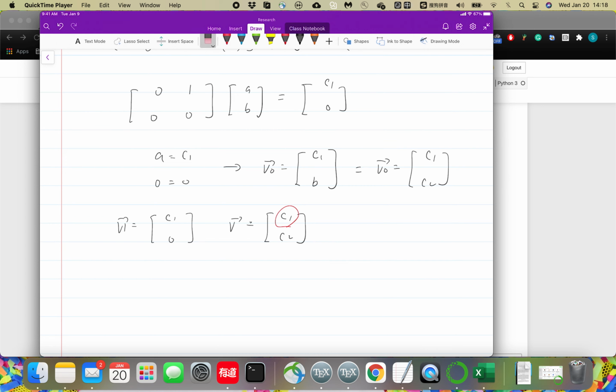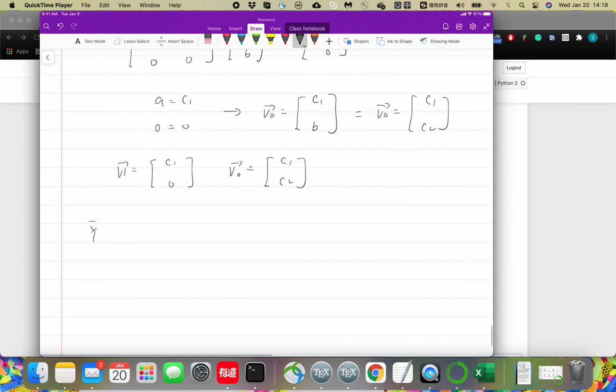Sorry, this is V0. But the second one is free. So in this case, we have two free constants. And your final answer is going to be y equals e to the lambda t V1 plus t e to the lambda t V2. Your V1 comes here, your V0 comes from here.